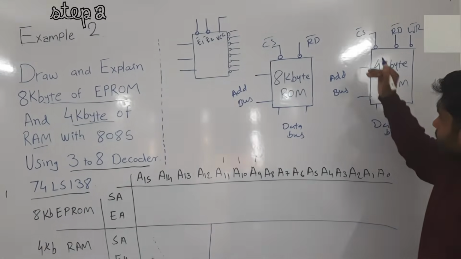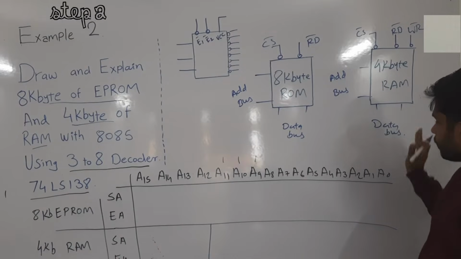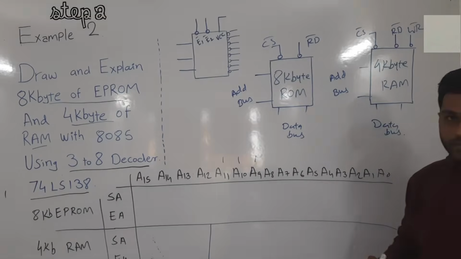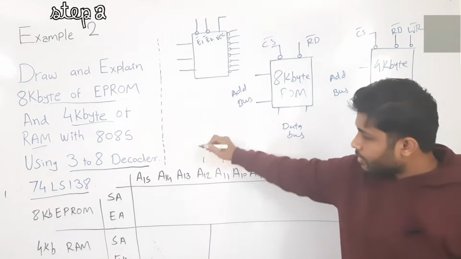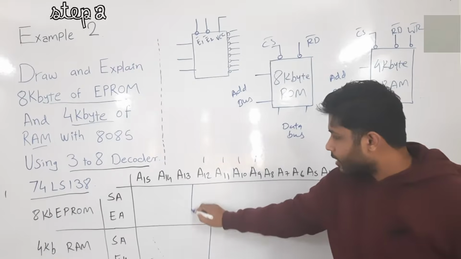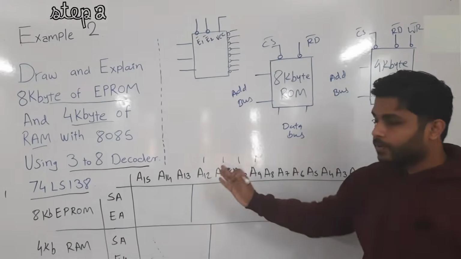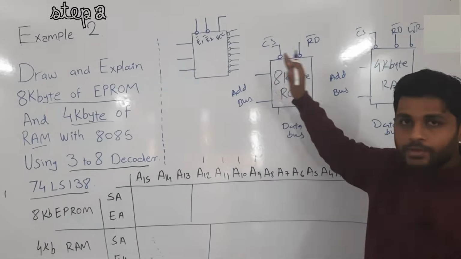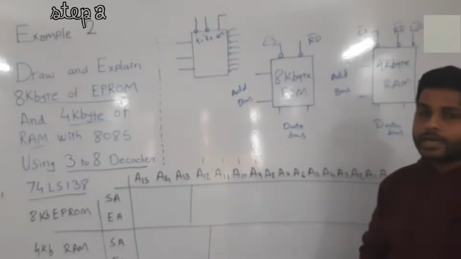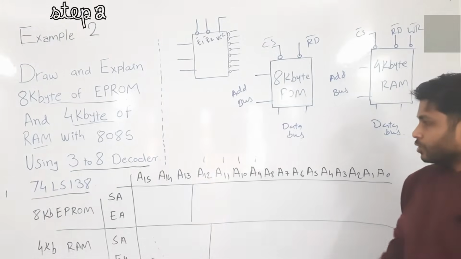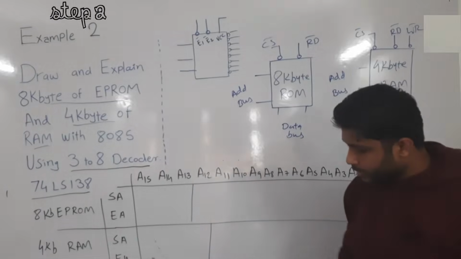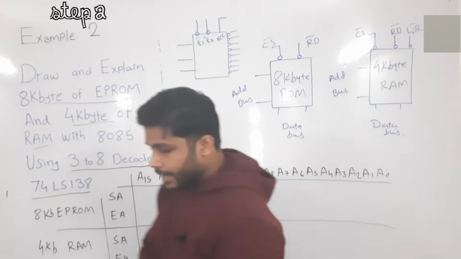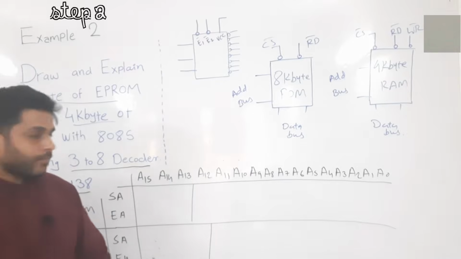And for the 8 KB, we will connect A0 to A12, total 13 address lines. When we provide A0 to A12, we can interface 8 KB of ROM. So now you can clearly understand how to find how many address lines are required.